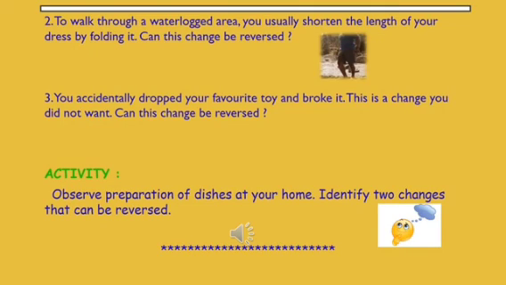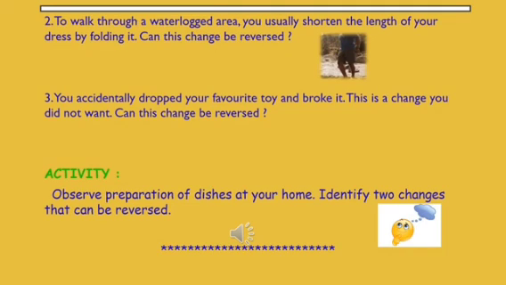The next one is an activity for all of you, which I would like you all to do and write the answer. Observe preparation of dishes at your home. Identify 2 changes that can be reversed.